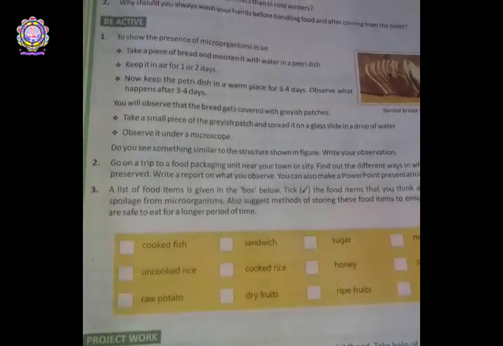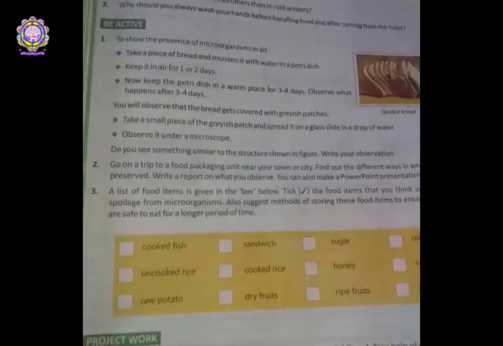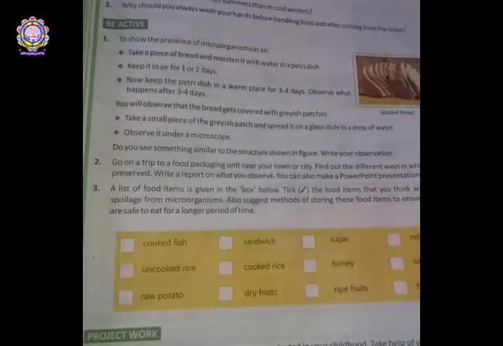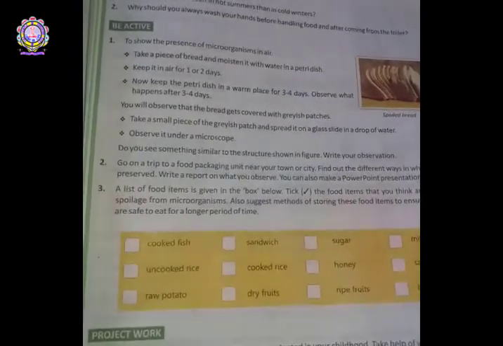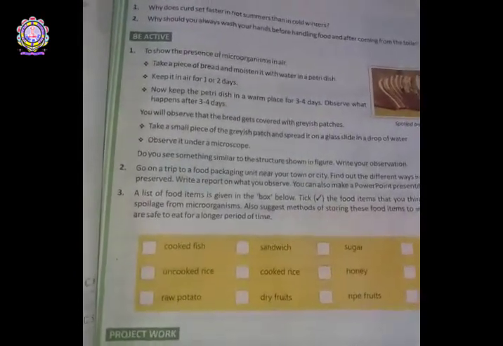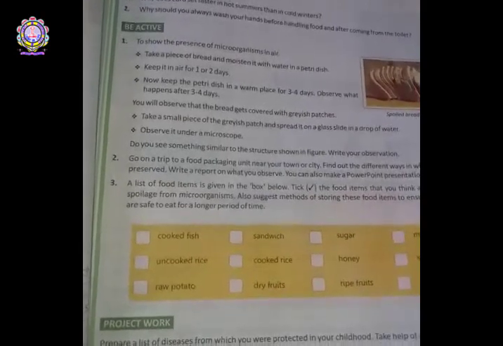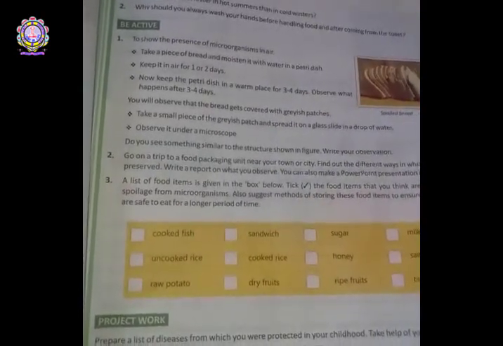Firstly, to see some fungus, take a piece of moist bread or biscuit, wet it, and take a petri dish.